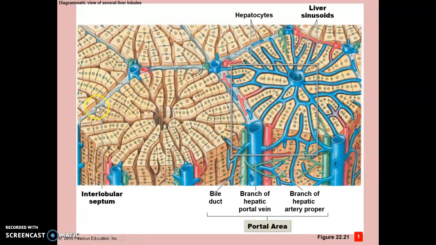Look for the interlobular septum, the bile duct, the branch of the hepatic portal vein, and the hepatic artery. And you can see the hexagon shape with the portal triad here at each corner of that lobule.